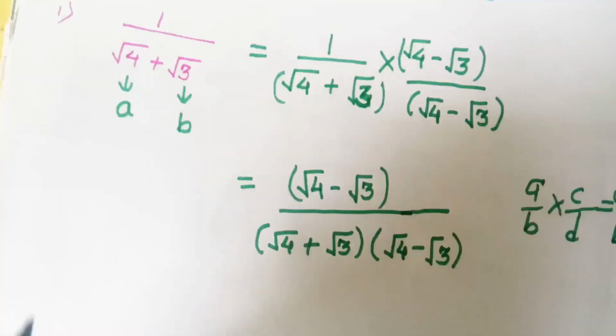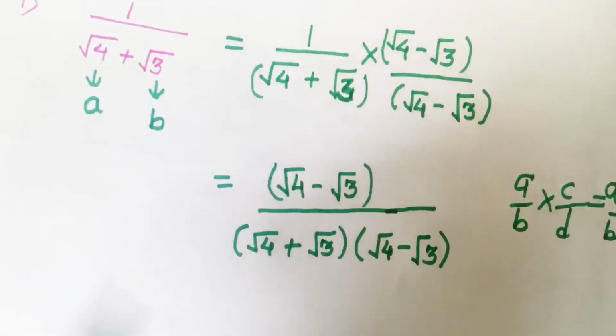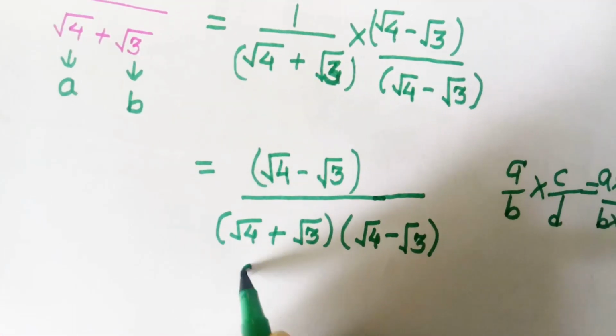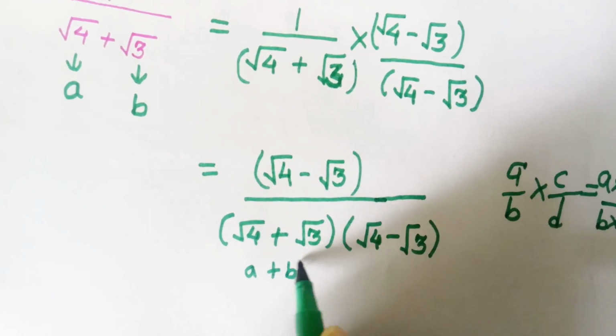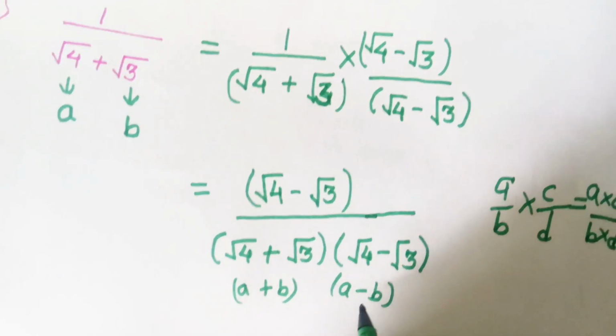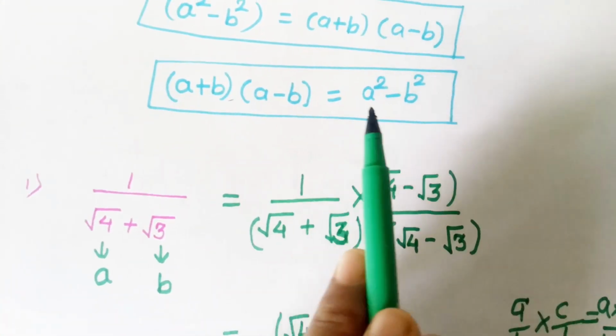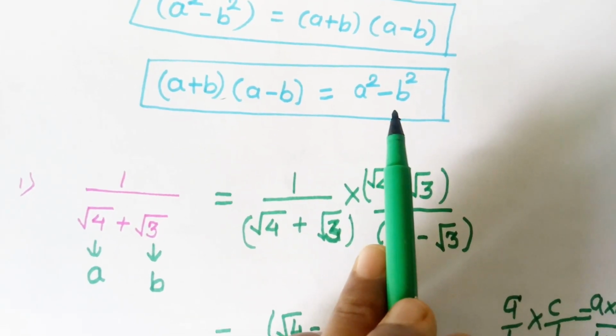If we observe this term, here a is under root of 4 and b is under root of 3. Then here we get the a plus b into a minus b form, and the standard formula for this is (a plus b) into (a minus b) is a square minus b square.